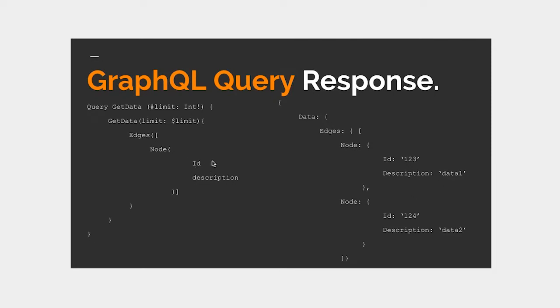And then you're specifying the shape of the return, like we have ID and description. So then it's going to return data, edges. Well, it's missing a little part here, but I took it out because it didn't have enough space. It really would say get data, and then it'd be another section here, get data, then edges, then node, and then each node contains the data in the edges.